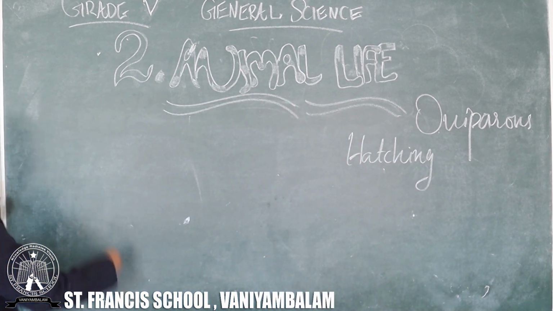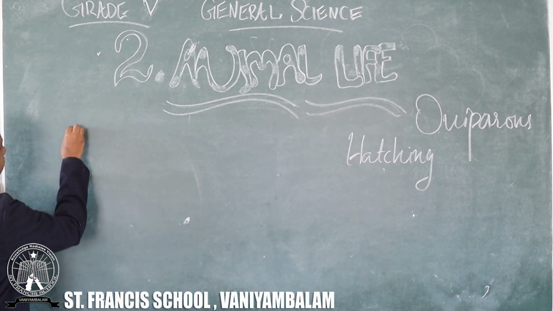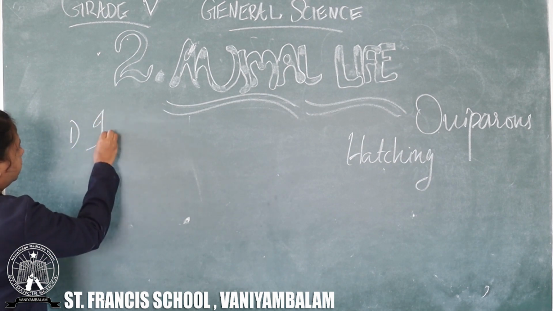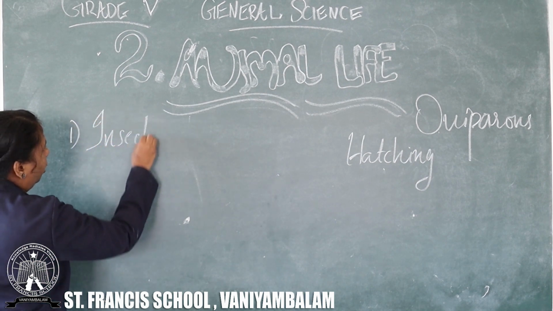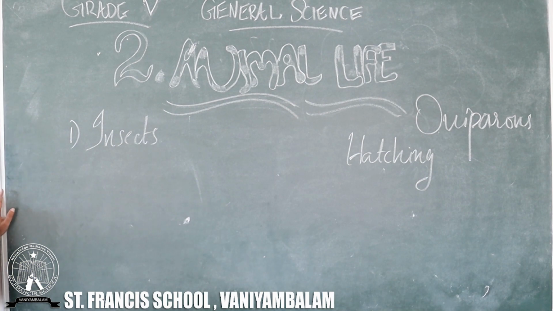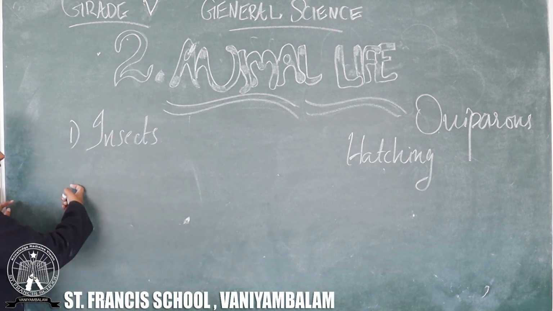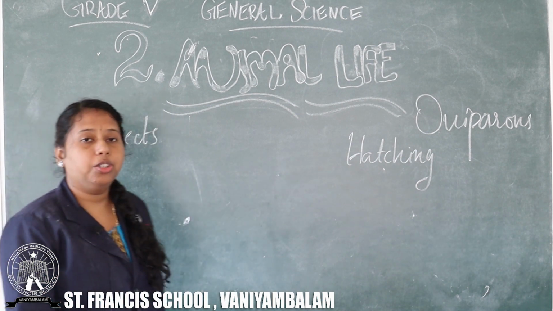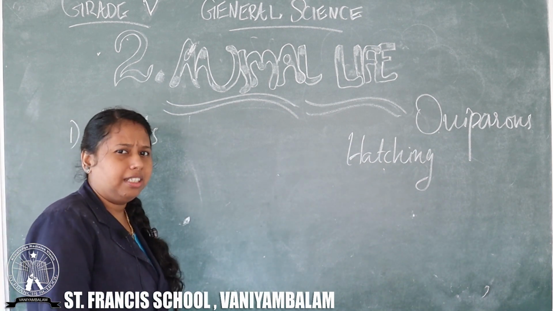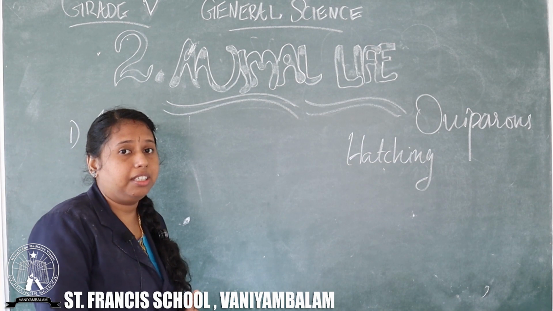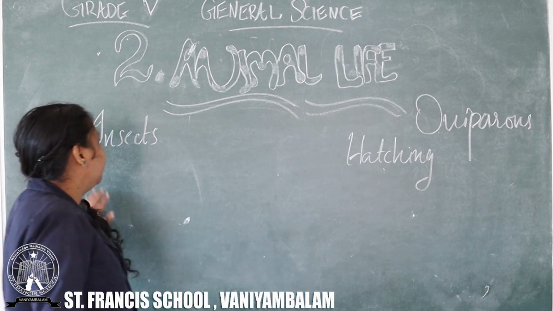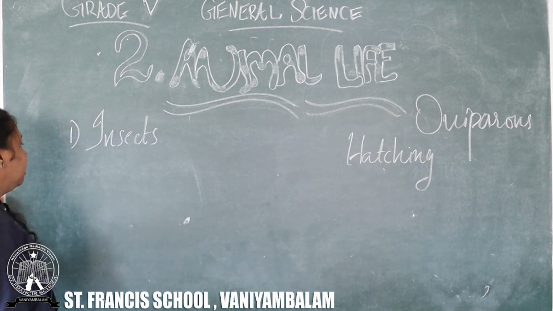Now we are talking about the reproduction in insects. How can the insects reproduce? Definitely insects are an example of oviparous animals. So, which way will they reproduce? Yes, they will lay eggs.